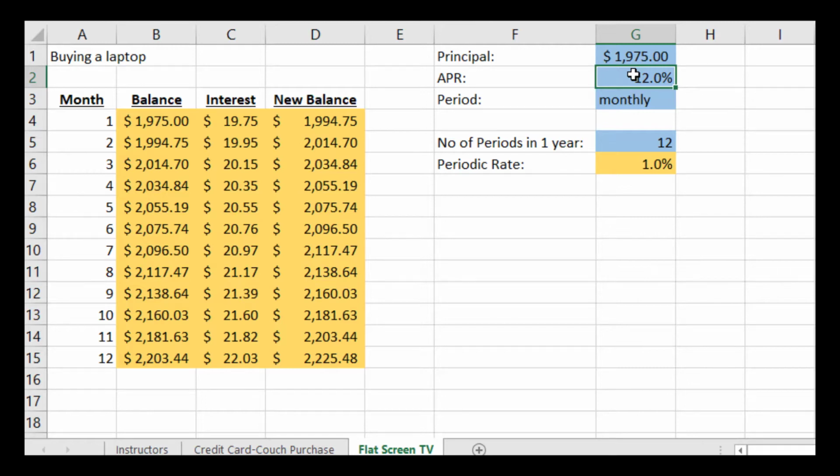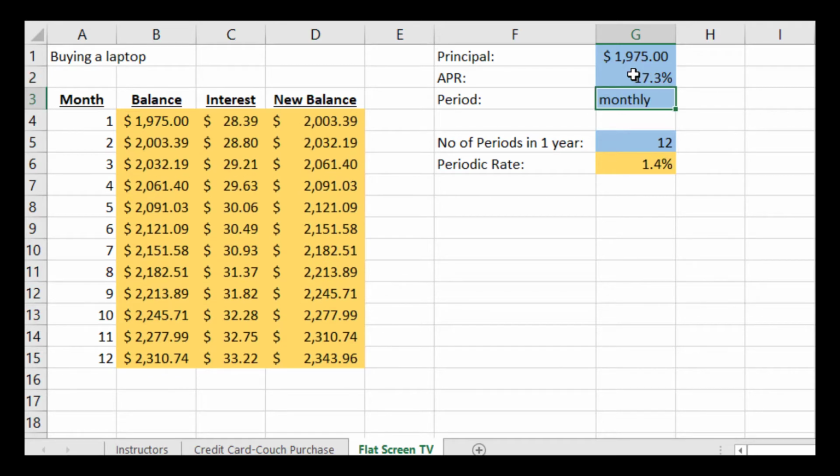It is 17.25%. Oh, now it says 17.3. Why is that? Did it round it? The answer is no. It did not round it.